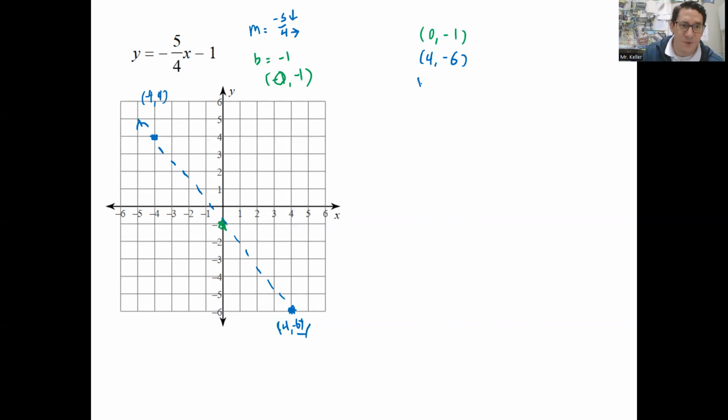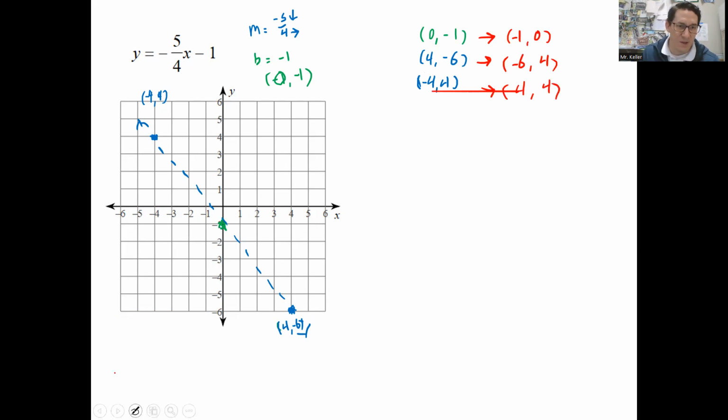So left 4, up 4, -4, +4. The inverses of those points, I just need to flip them. So the inverse of this point is going to be -1, 0. Inverse of this point is going to be -6, 4. Inverse of that point is going to be 4, -4.